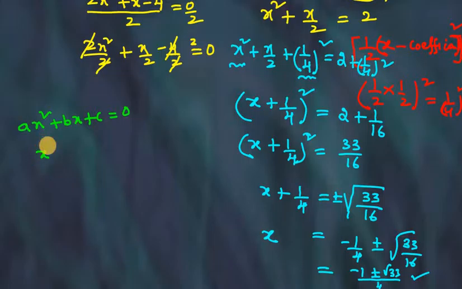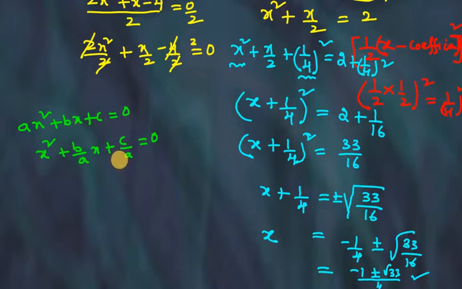So to get that, I am dividing with a, and this becomes x square plus b by a x plus c by a is equal to 0. First you do this with the x square coefficient. If it is 1, directly you can go to the next step. If it is not 1, divide with that particular number, both the sides.